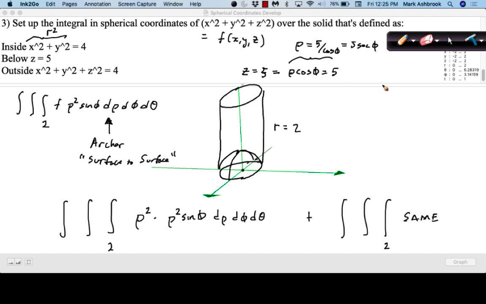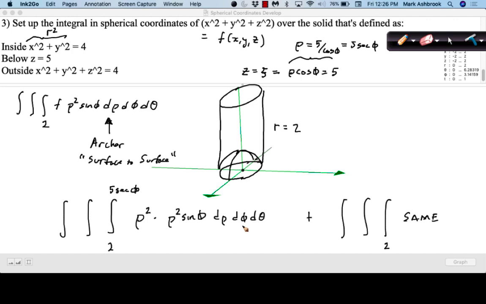So the distance that you go through that plane depends on phi, right? As phi increases, you have to go a farther distance. You see that? So that's why that rho value depends on phi. So I'm going to have rho from 2 to 5 secant phi. And that's going to be for phi values from what to what?